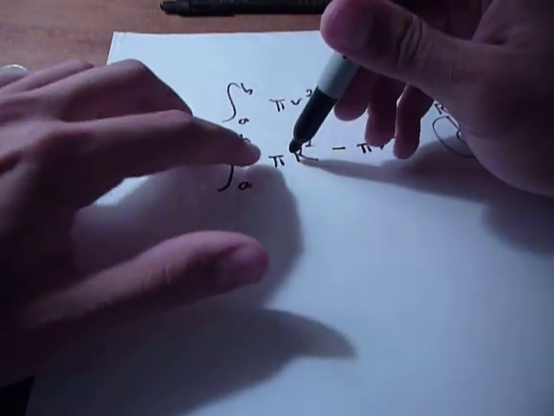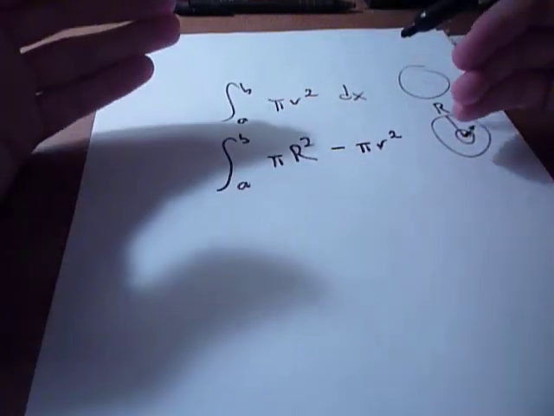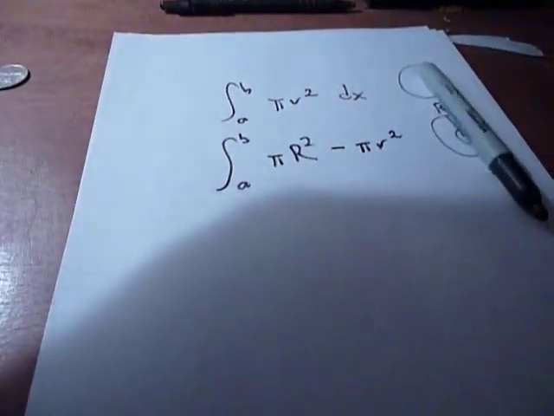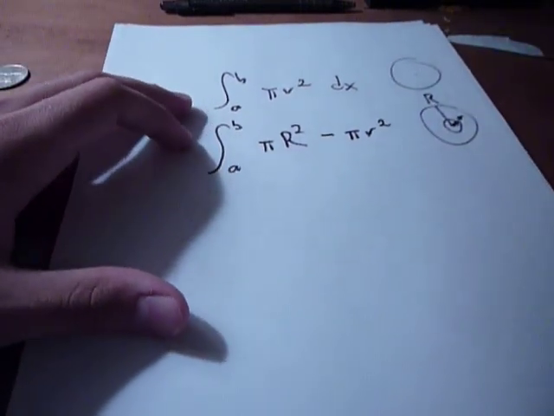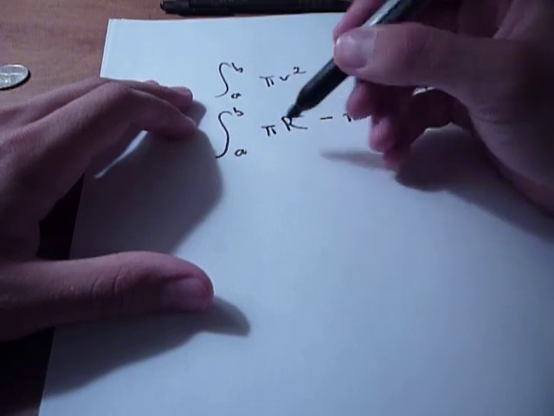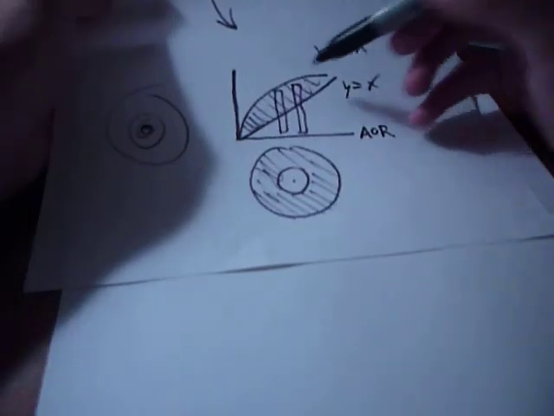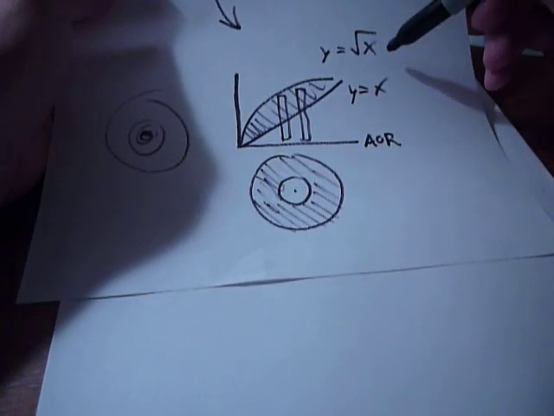while each one of them is being calculated with that radius being subtracted at each step. It'll make more sense once I change this r value. We started off with the upper curve being y is equal to root x, and the lower curve is y is equal to x.